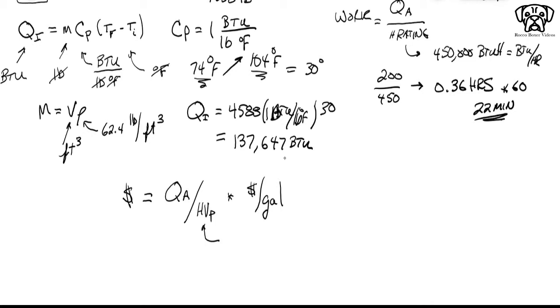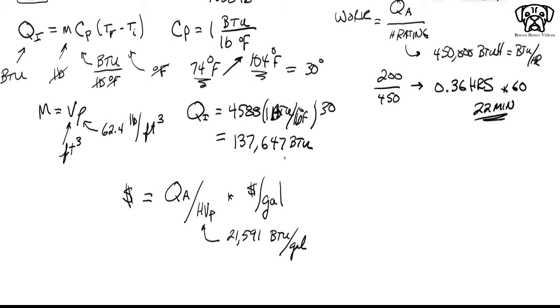This heating value of propane is, I looked it up, 21,591 BTUs per gallon of propane. So if you have a gallon of propane, how much heat can you get out by burning it?